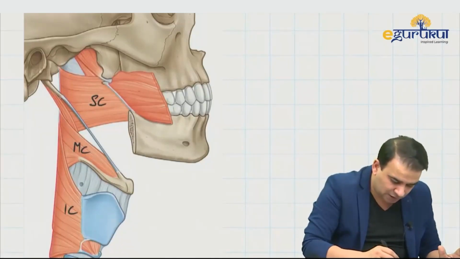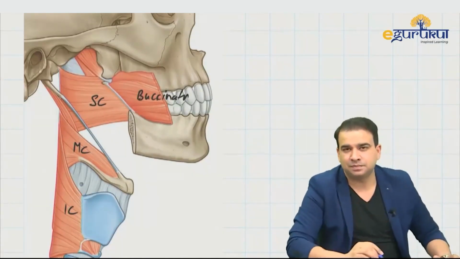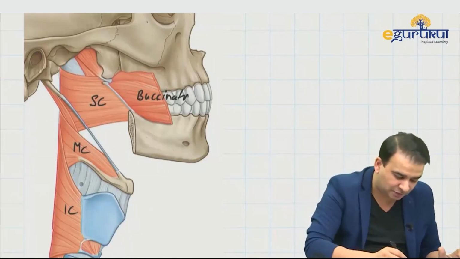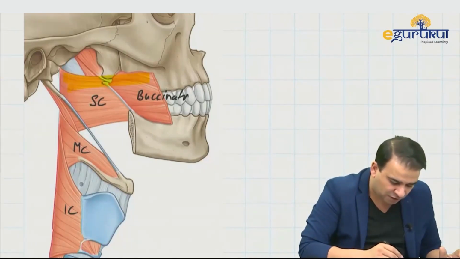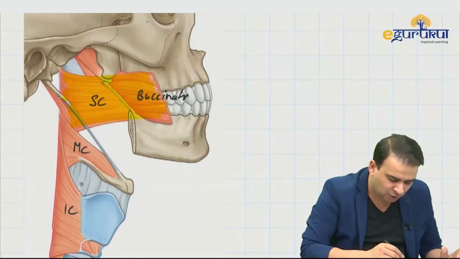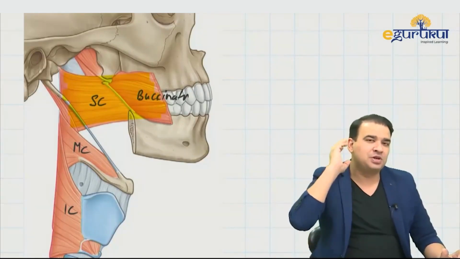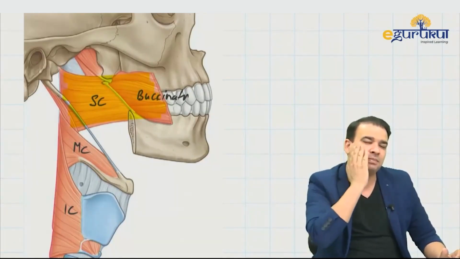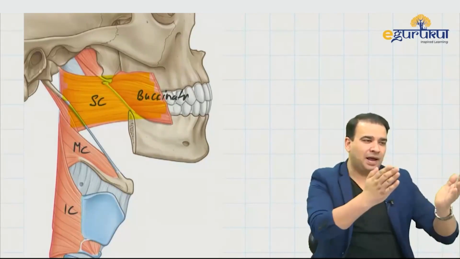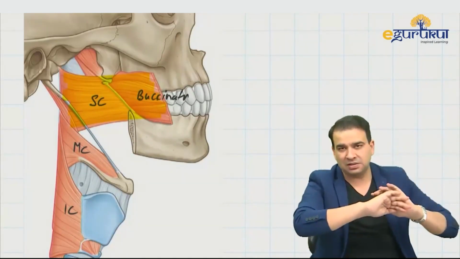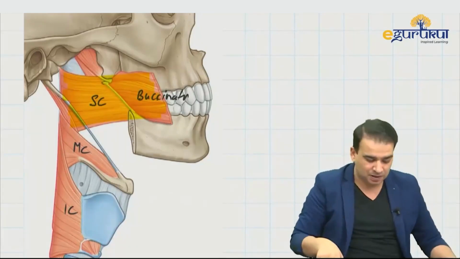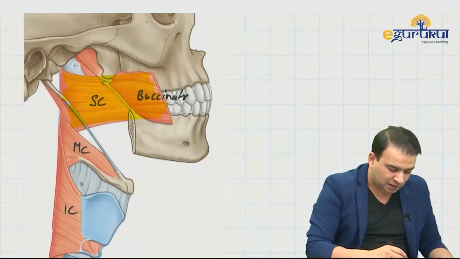And this one here is the buccinator muscle, also originating from where? From this pterygomandibular raphe. So if I have a fascia covering both these muscles from outside, that fascia will be called what? The buccopharyngeal fascia, covering the buccinator muscle in the buccal region and then going behind and also present around the pharyngeal muscle. Makes sense?